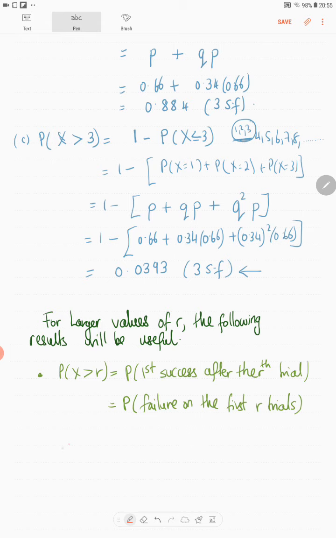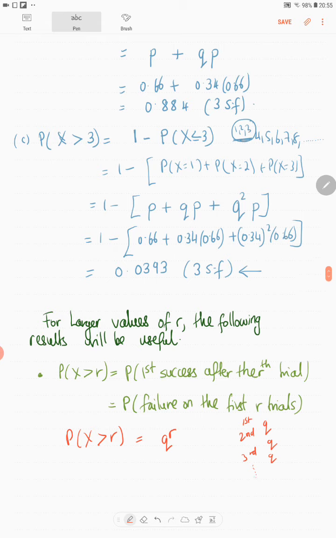The probability is obtained as follows. For the r trials we have failure, so it is q power r. First trial q, second trial q, third trial q.